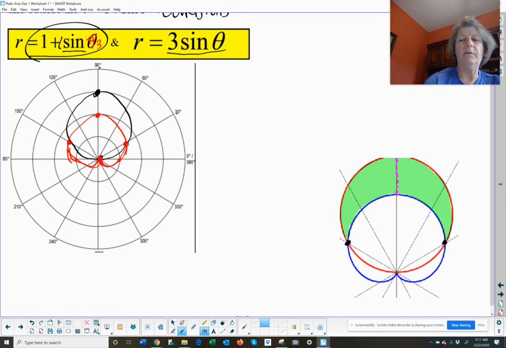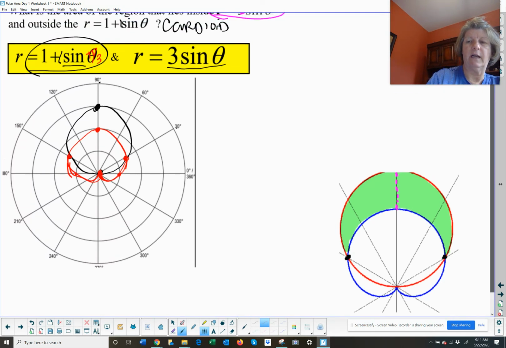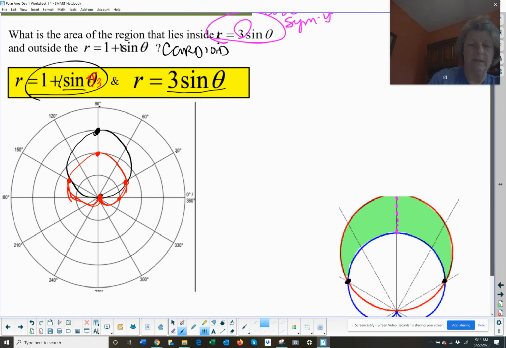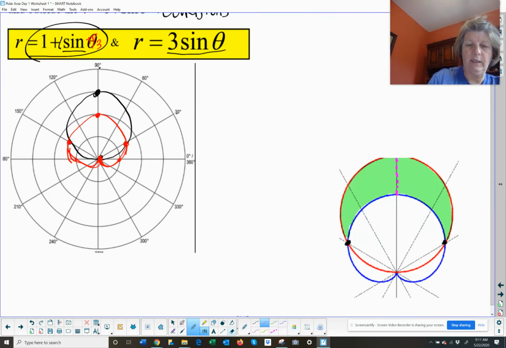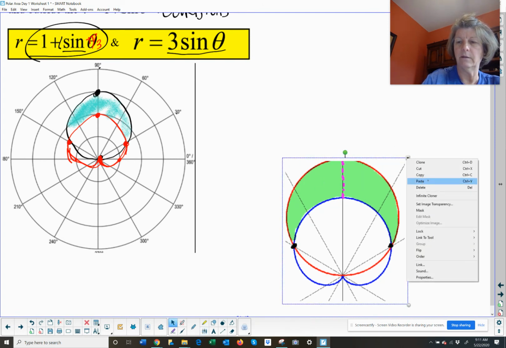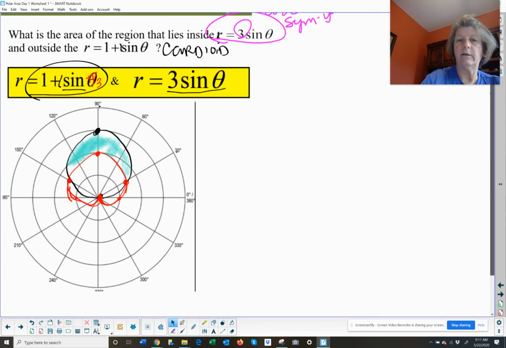All right, and they want the region outside of the cardioid, but inside the circle. That will lead us to that region that you're seeing over here, this portion right here. So we're going to use big R squared minus little r squared to do that. Let's just get rid of this. I have some writing room.